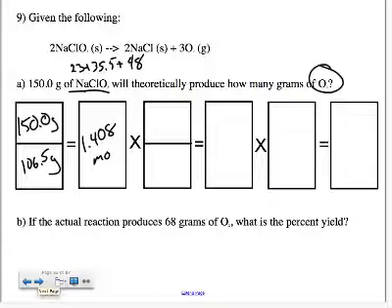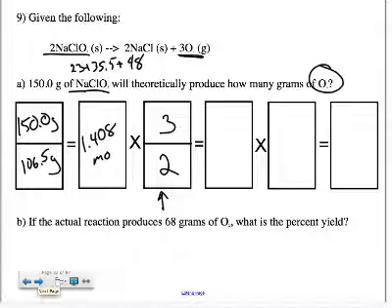How many grams of O2 would I theoretically get? My mole ratio. My known is sodium chlorate. It has a coefficient of 2. My unknown, how many grams of oxygen, has a coefficient of 3. So I would do 1.408 times 3 divided by 2, and I get 2.113 moles of oxygen. Oxygen has a mass of 32.